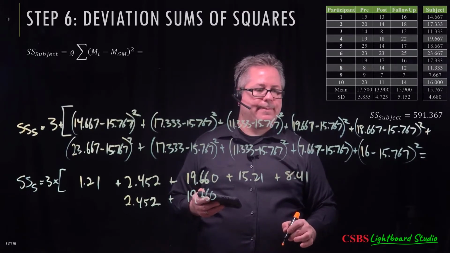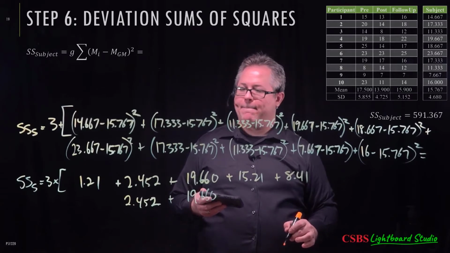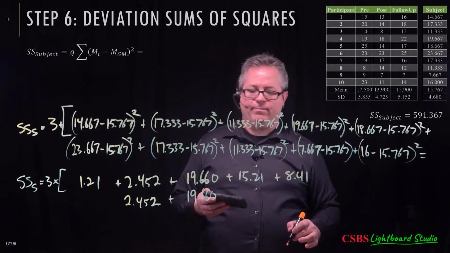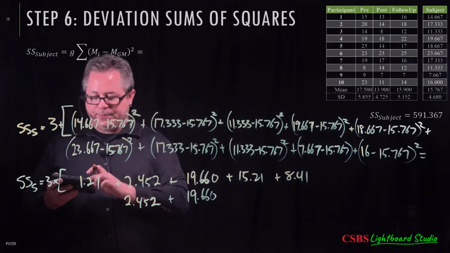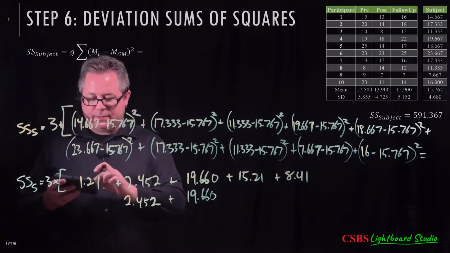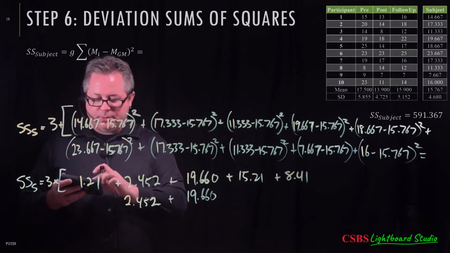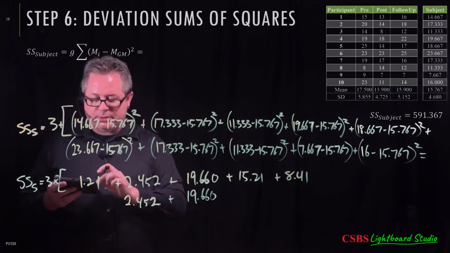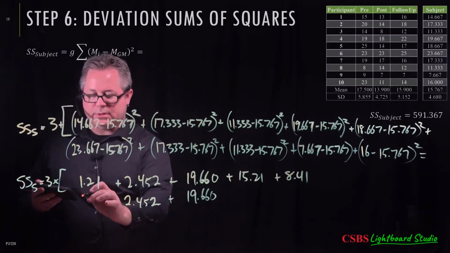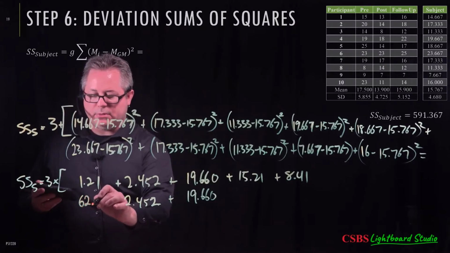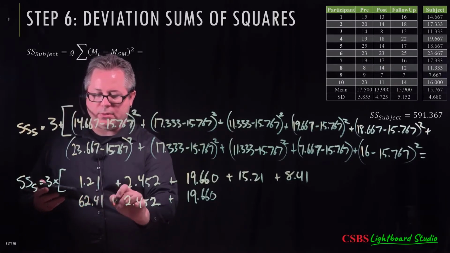Okay. And then down here, 23.667 minus 15.767 equals 7.9 squared is 62.41.